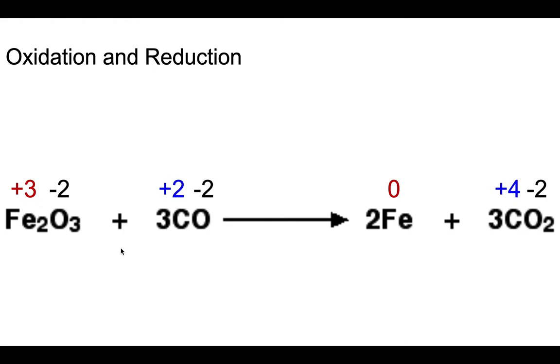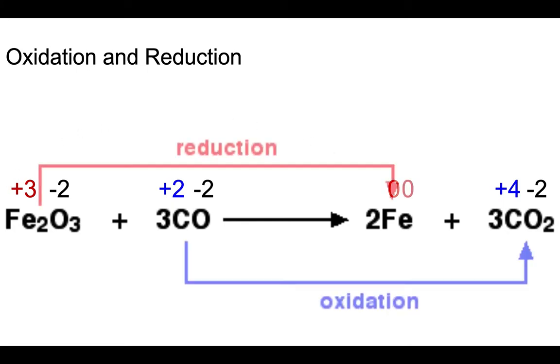Alright, and now let's figure out which is which. So we'll look at iron. It starts with an oxidation number of positive 3. Afterwards, it has an oxidation number of 0. So its oxidation number is decreasing. In other words, it's being reduced. Our iron here is being reduced.